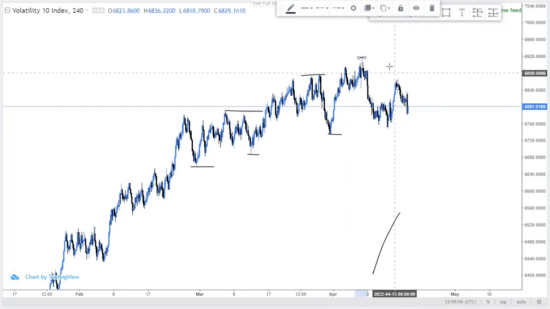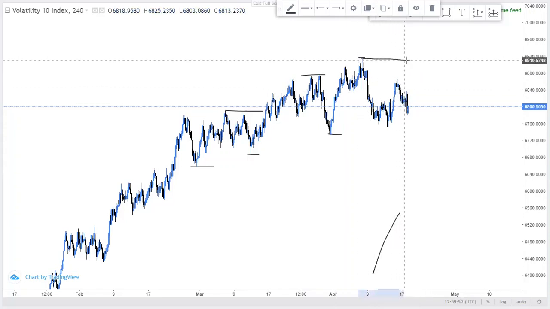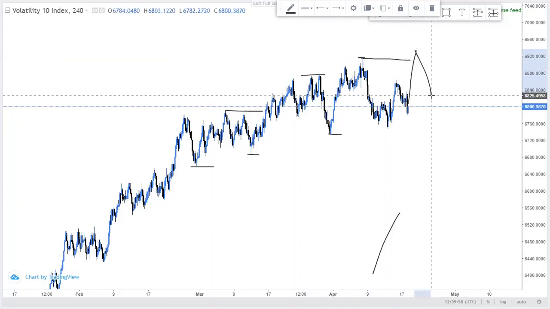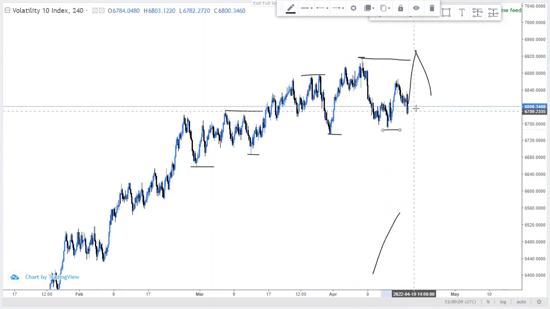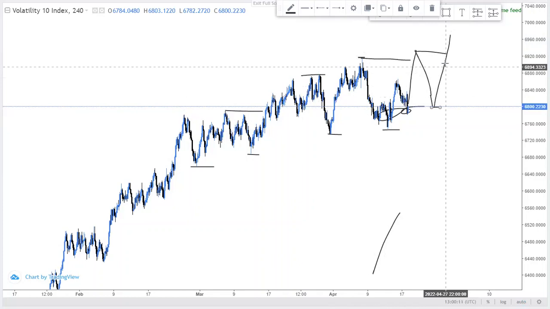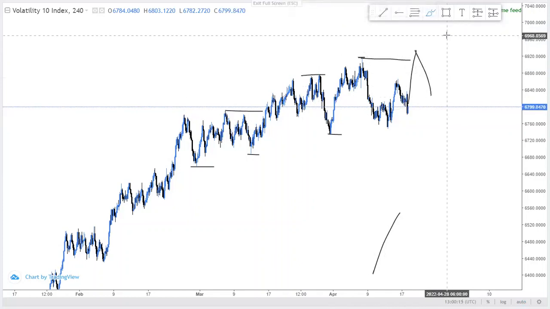Should we break this high, then we expect price not to take out this low, but drop into the order blocks here and continue up, take out this high, drop again and not take out this low, but take out this high. That's what we are anticipating.